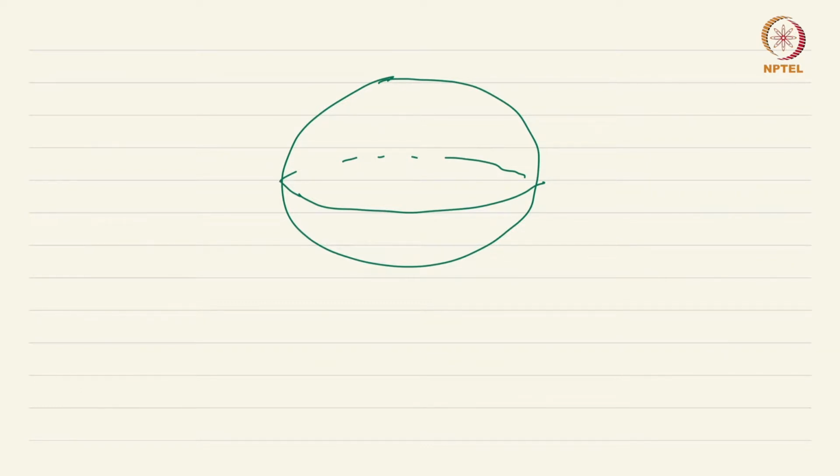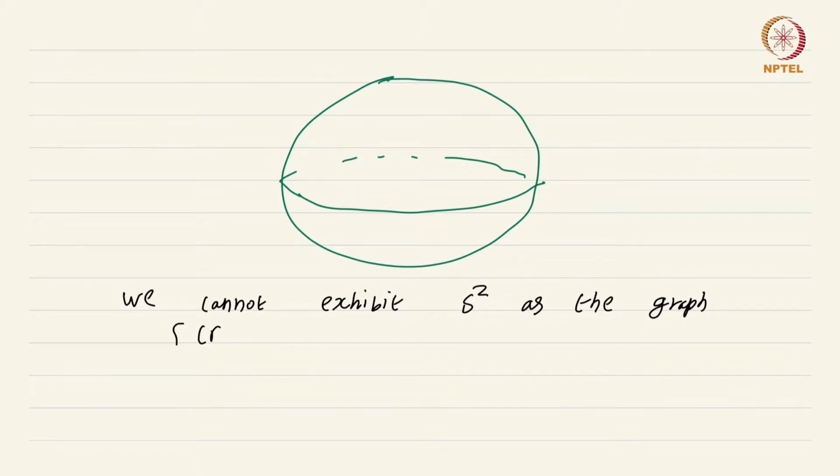Now you should think about why we cannot exhibit S^2 as the graph Γ_f of a function. You cannot find a single function such that S^2 is the graph. Think about this carefully and try to come up with a solid reasoning as to why this is impossible.